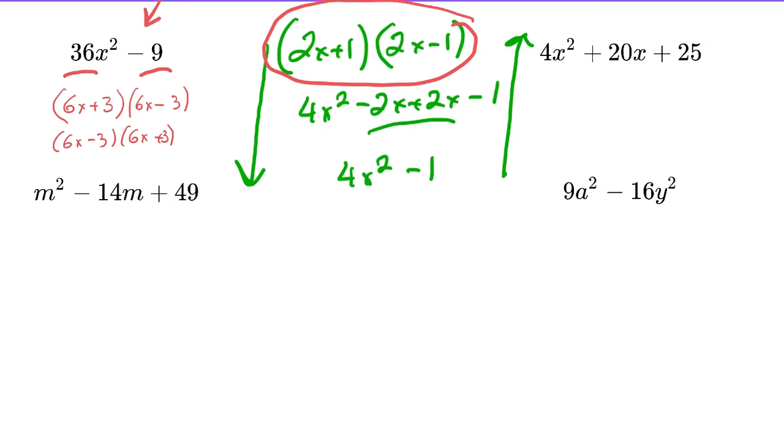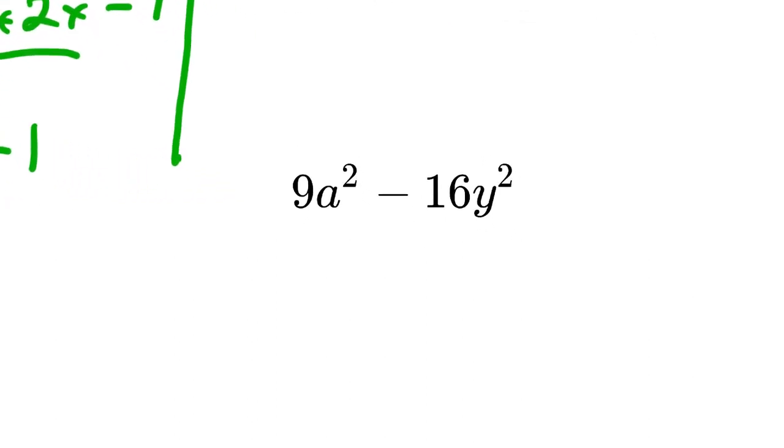Okay, I'm going to go down to my other corner here. Again, when you see two terms, check to see if it's a difference of squares. 9 is a perfect square. 16 is a perfect square. Difference is to subtract. So it is indeed a difference of squares. Take the first term, square root it.